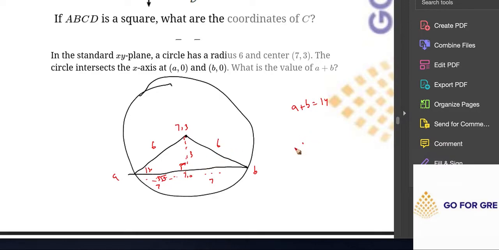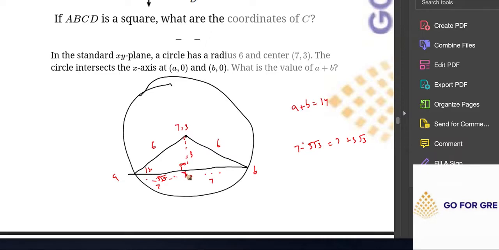So this is 7 minus 3 under root 3, and it must be equal to 7 plus 3 under root 3. So again the distance between these two points A plus B is 14. So you can easily solve this question if you just draw it.